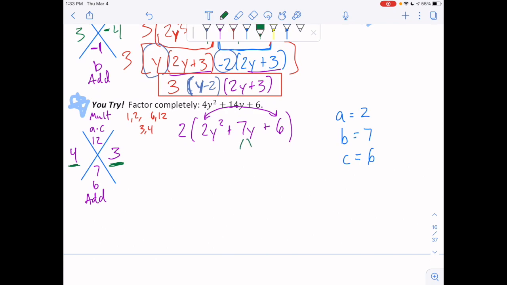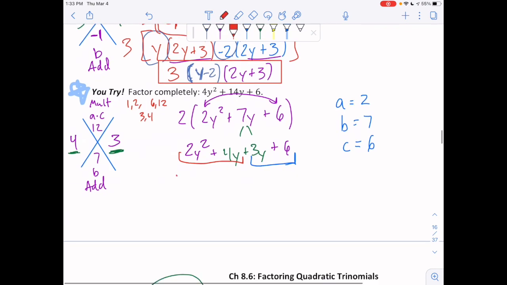So you split this up. 4y and 3y plus 6 plus 2y squared. Factor by grouping. I'm going to really speed through this. Feel free to slow it down on the video. Common factor, 2y. So this here is going to be y plus 2.